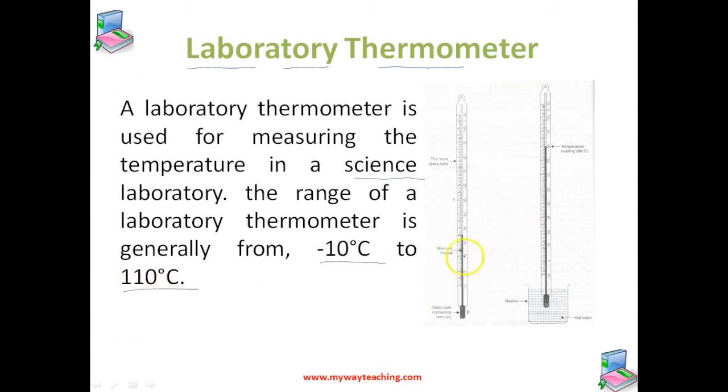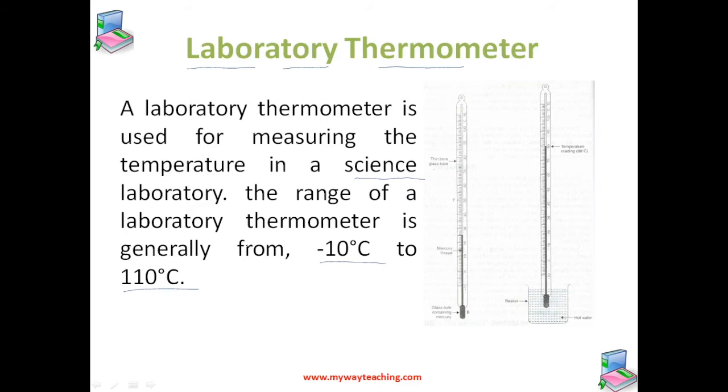You can see these are some of the laboratory thermometers where the range is from minus 10 degrees Celsius to 110 degrees Celsius. It is used in some scientific experiments. A common thermometer can measure temperature from minus 10 to 110 degrees Celsius. This is the range of the thermometer.